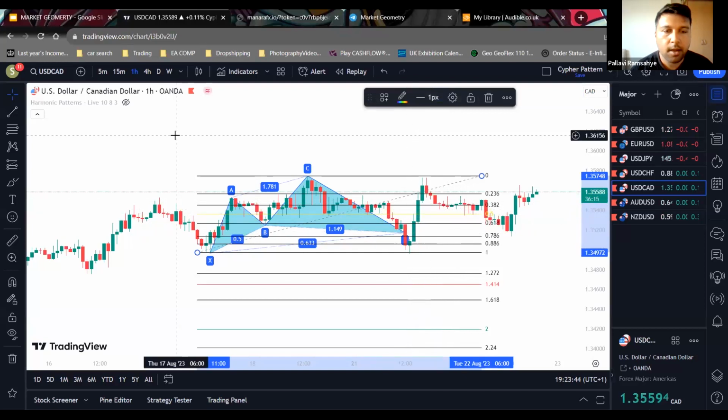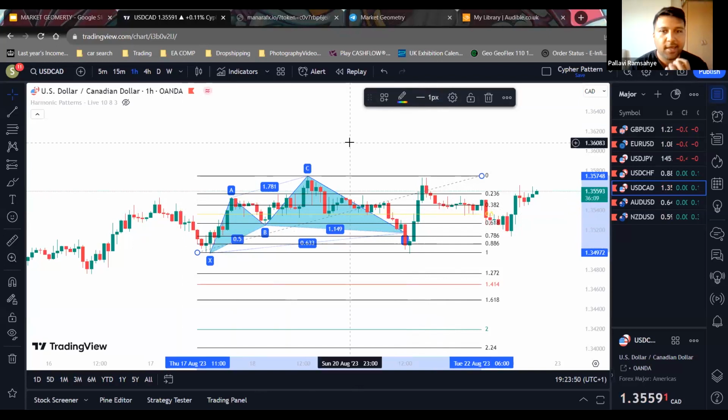Okay. Perfect. So just so I know that everybody's listening, where is the first criteria for point D? Where is D supposed to fall between, or extend to, should I say? So it's 78.6%, okay?